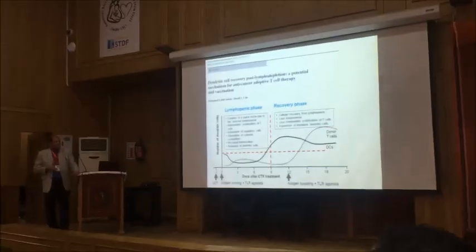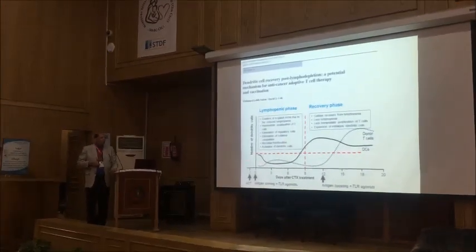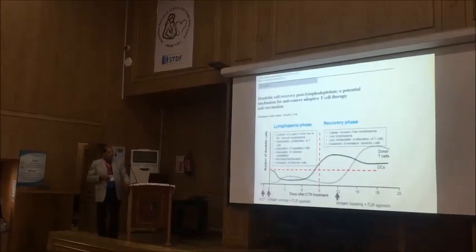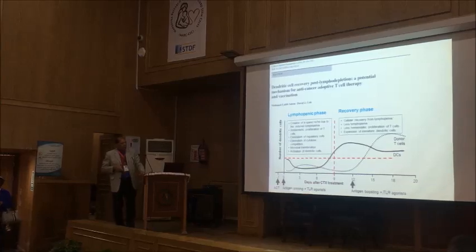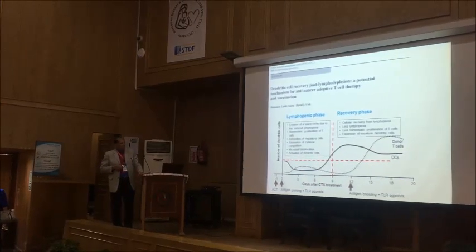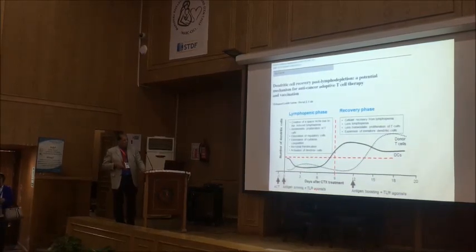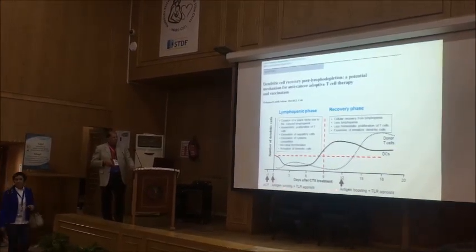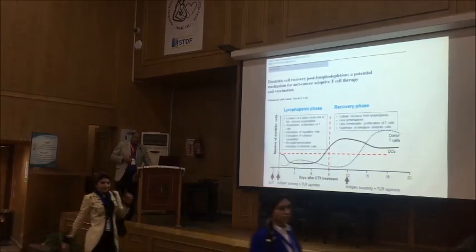Of course, these two phases are known, but what hasn't been known is what happens in each phase, especially at the cellular and molecular level, and how we can get benefit from each phase. So in the lymphopenic phase, for example, we can use a TLR agonist with vaccination, and in a similar way at certain time points in the recovery phase.